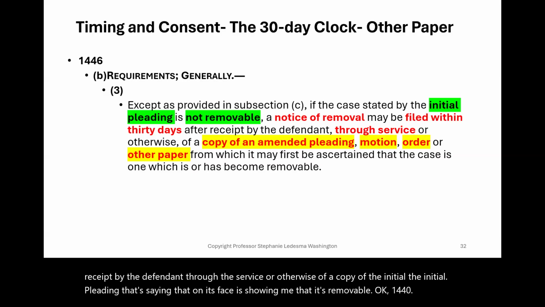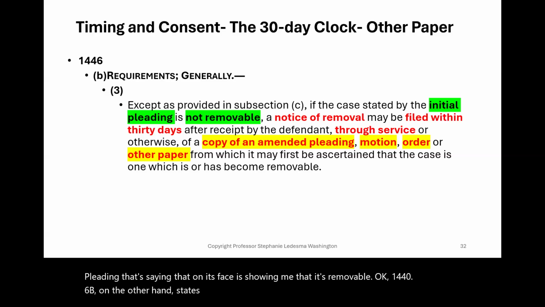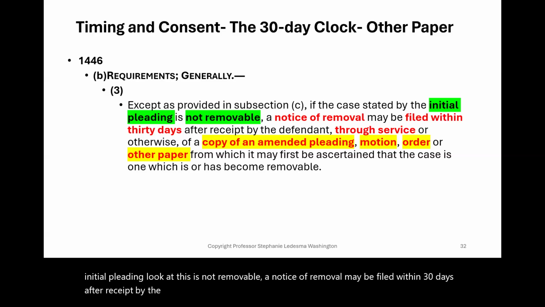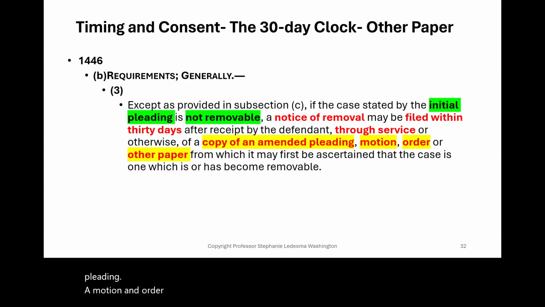1446(b)(3), on the other hand, states that except as provided in subsection (c), if the case stated by the initial pleading is not removable, a notice of removal may be filed within 30 days after receipt by the defendant, through service or otherwise, of a copy of an amended pleading, motion, order, or other paper from which it may first be ascertained that the case is one which has become removable.